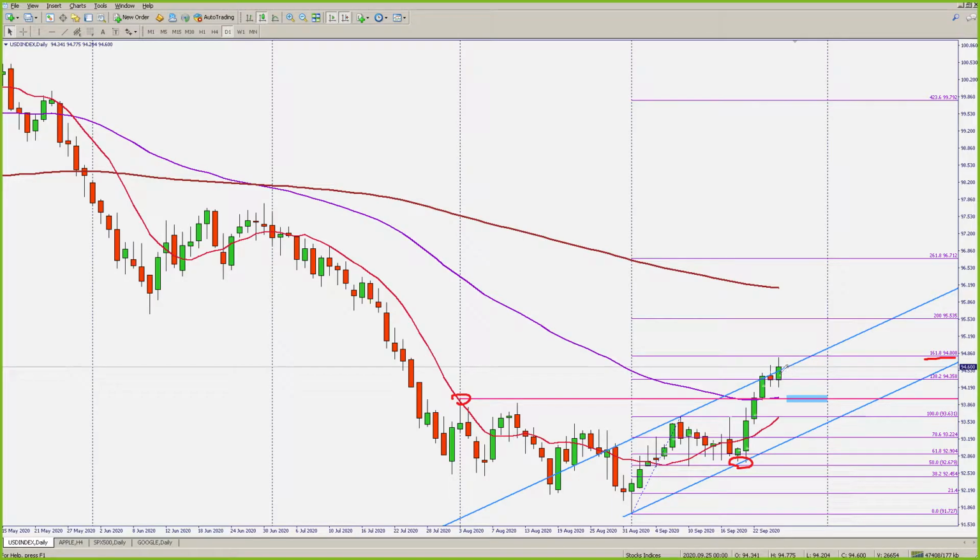It's also just crossing over the upper channel trend line, but we'll see if there's any retracement next week, pulling back into the channel before trying to climb up higher.